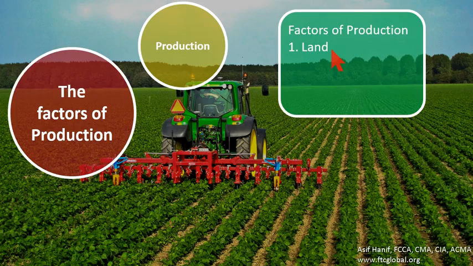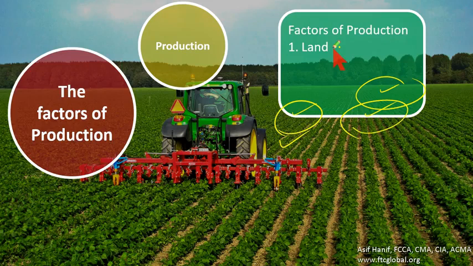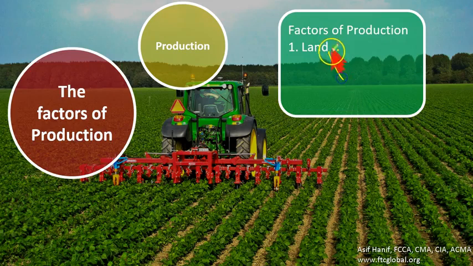Fish that we catch from oceans or rivers is land. Agri products, land. Water is considered land. So land basically is simple, it combines all the natural resources. Water, air, minerals, etc. So these resources can be broadly categorized into 2 types. Those that are renewable and those that are non-renewable.